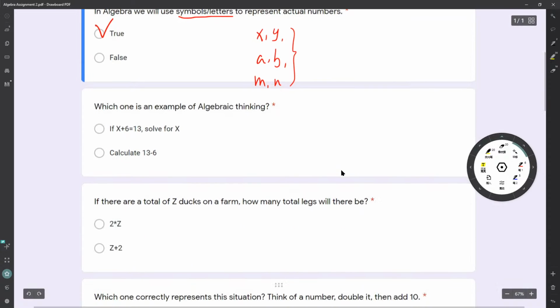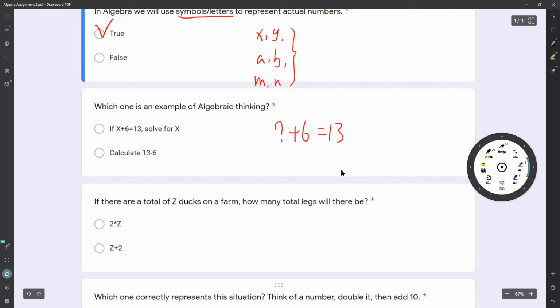And second, which one is an example of algebraic thinking? As we said previously, we are more used to just matching numbers. Say, I tell you a number plus 6 is 13.